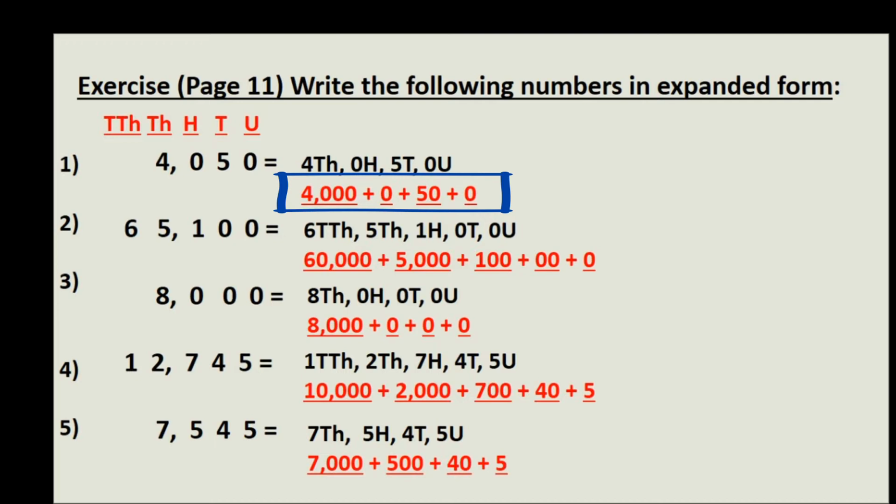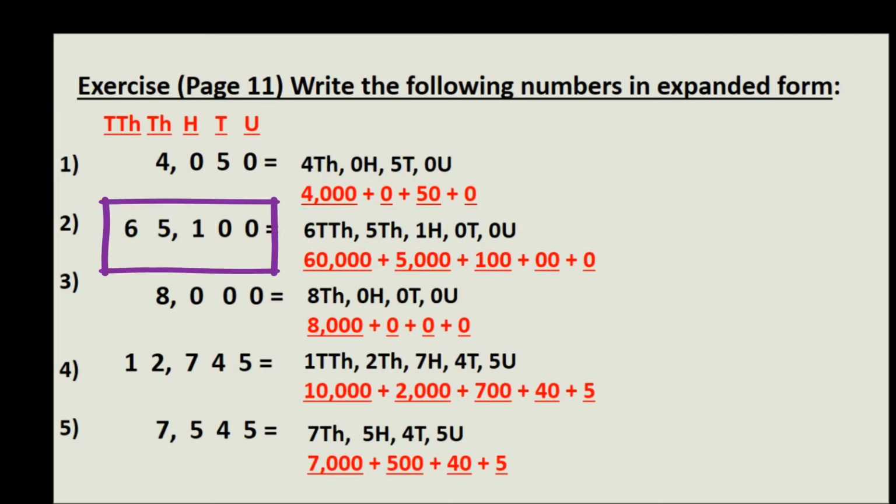Values written in addition form is the expanded notation of the following number, that is 4,000 plus 0 plus 50 plus 0. Now let us go to the second digit, that is a 5-digit number 65,100. As you did in the above sum, get the place values of the number and then add them up.